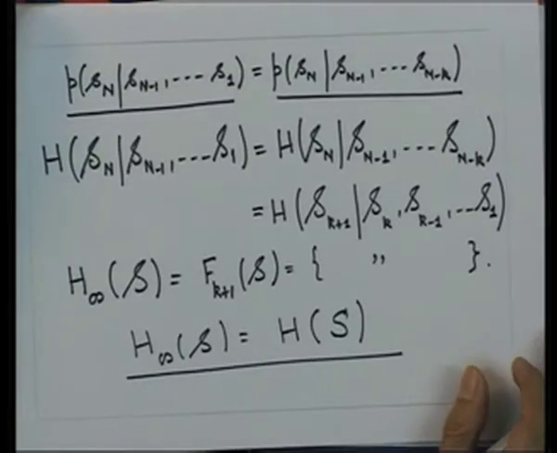So far we have considered messages with symbol length of unity. Now the next question is, like we had done earlier, if I look at messages of length other than 1, then what happens to the entropy of those messages?